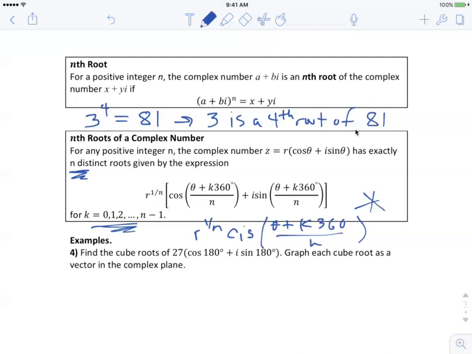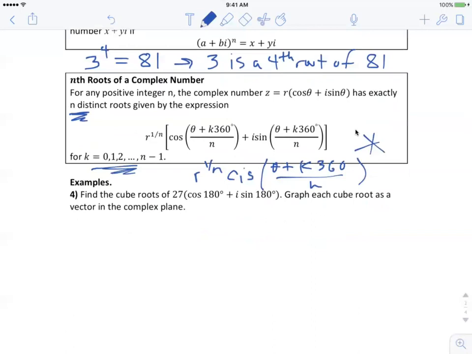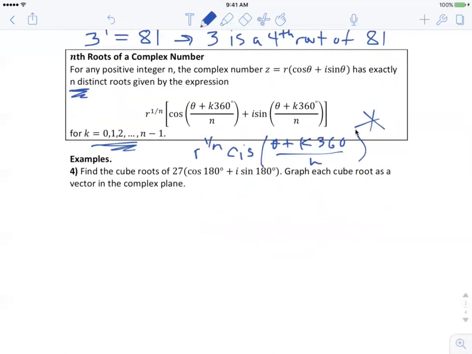Okay, so example, find the cube roots of that thing. Here we go. So what is my n? You know n, because it's cube roots, is 3, right? And then there's my theta, 180, and my r is 27. So write this thing.